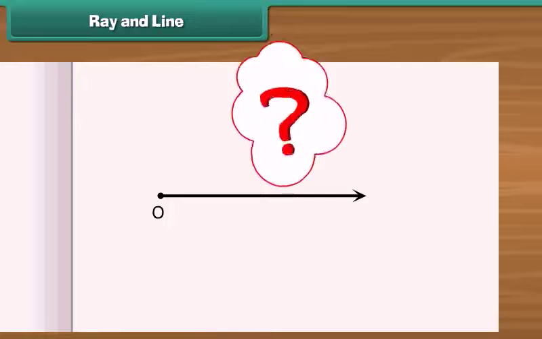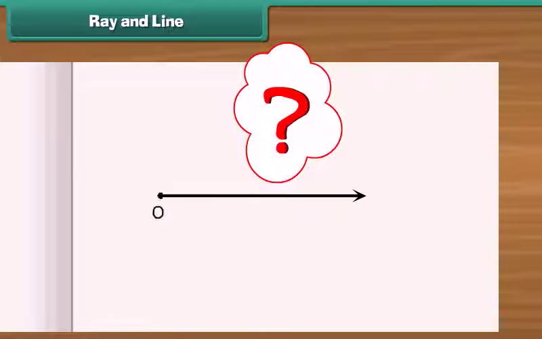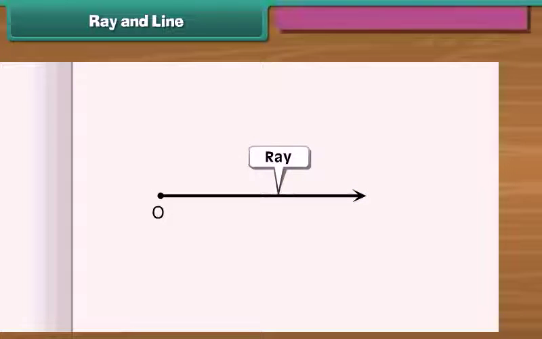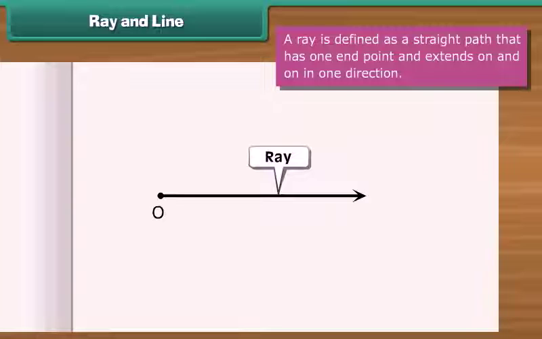What will you call this? It has one end point. On its other end, there is an arrowhead. This implies that it can be extended in the direction of the arrowhead. This is called a ray. We define a ray as a straight path that has one end point and extends on and on in one direction.